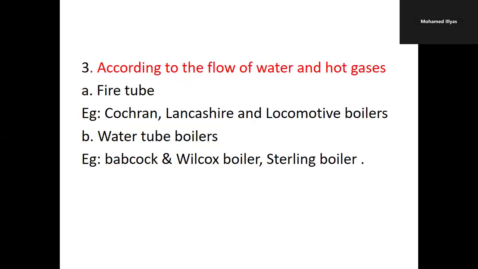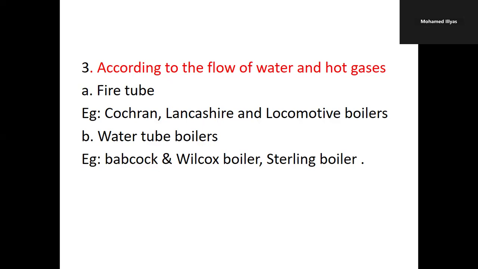And according to the flow of water and hot gases, there are two types of boilers, namely fire tube boilers and water tube boilers. In the case of fire tube boilers, the hot gases after combustion will be flowing through the tubes, and these tubes will be immersed in the water.